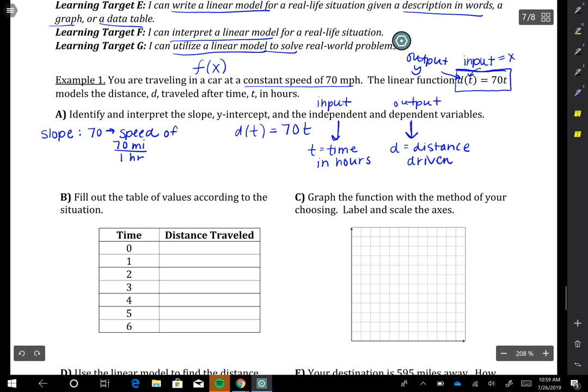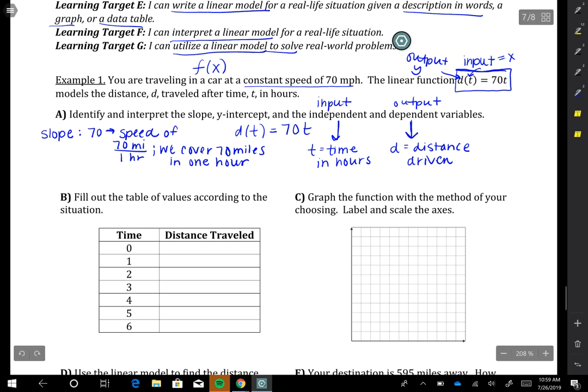Or you could say we cover 70 miles in 1 hour. Okay, either way is fine. I just want you to understand that it is a rate and it has 2 units.